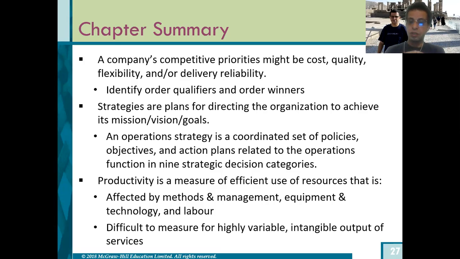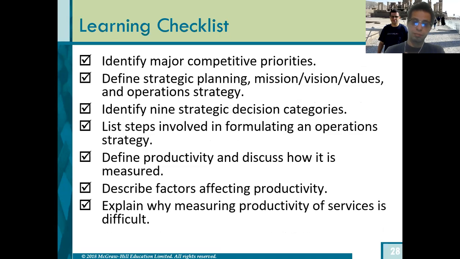Productivity is a measure of efficiency, but it's not efficiency itself. They don't have to be equal. It measures the use of resources, affected by method, management, equipment, technology, and labor. It is difficult to measure for the highly variable, intangible output of services.